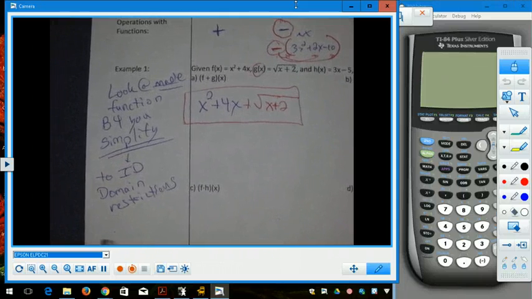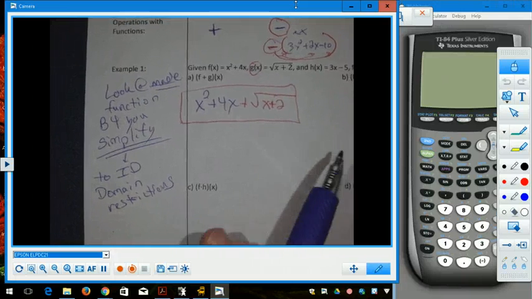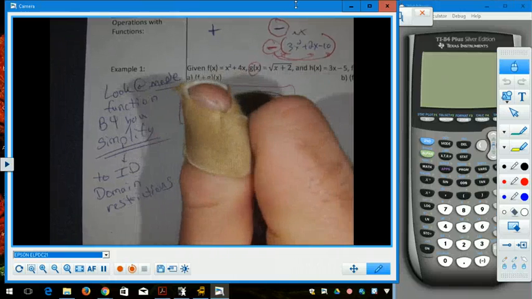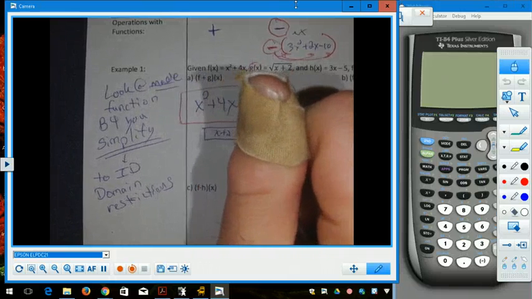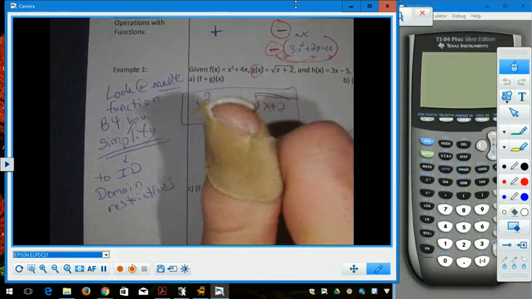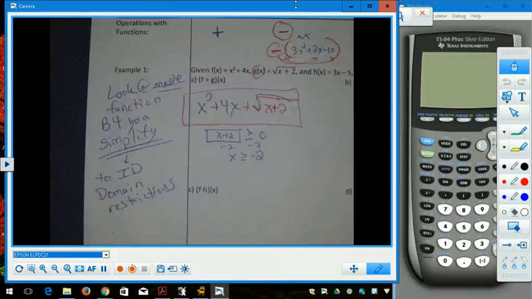Even before I simplify, I have the same function. The domain restriction is, hey, look, there's that radical there, and the radicand, x plus 2, has to be greater than or equal to 0, which means if I subtract 2 from both sides, x has to be greater than or equal to negative 2.